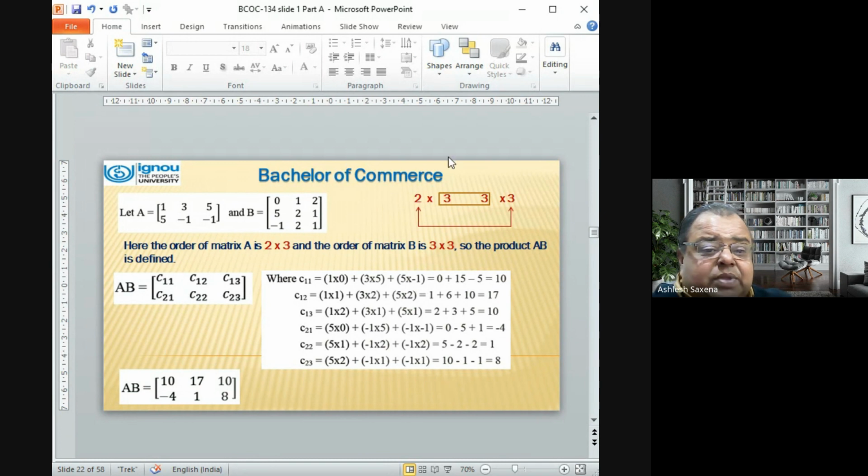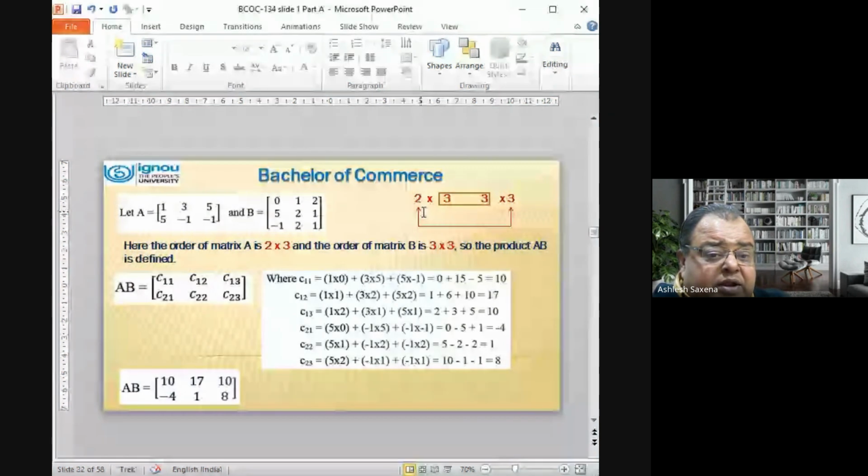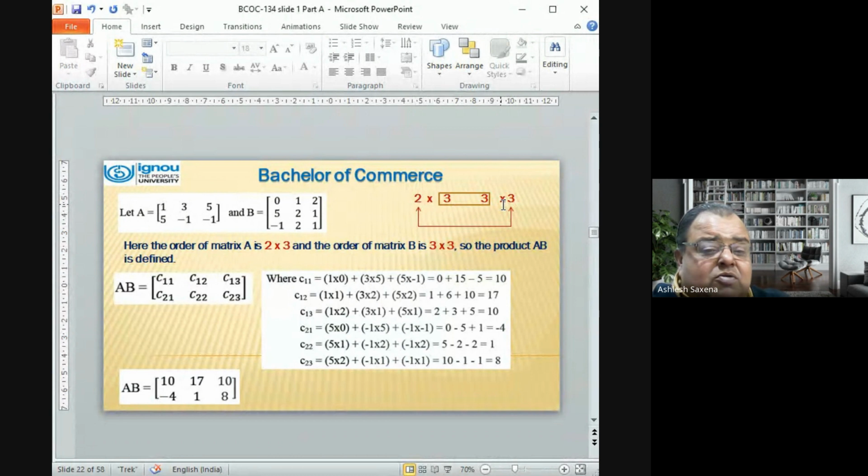The first order is 2 by 3, and this is 3 by 3. When you multiply these two, your final answer will be of the order 2 cross 3. Remember this: a 2 cross 3 matrix multiplied by a 3 by 3 matrix gives an answer of the order 2 cross 3.